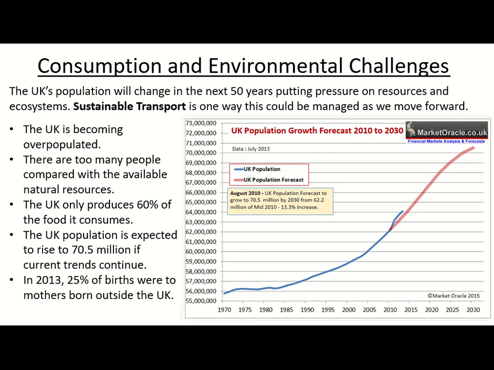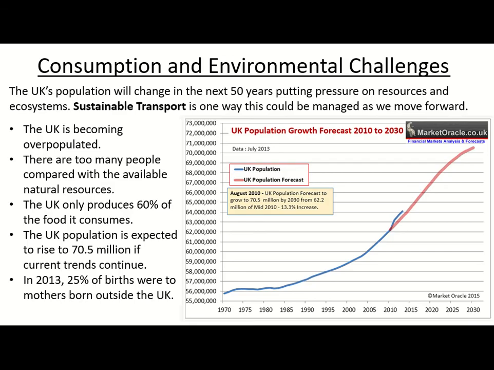This is stating a fact that actually our population is increasing as a result of things like immigration. Okay, it's not the only thing, and also there's lots of massive benefits with immigration too. But obviously the additional numbers of people in the population are great for the workforce, but we need to be clever about how we work out our consumption.